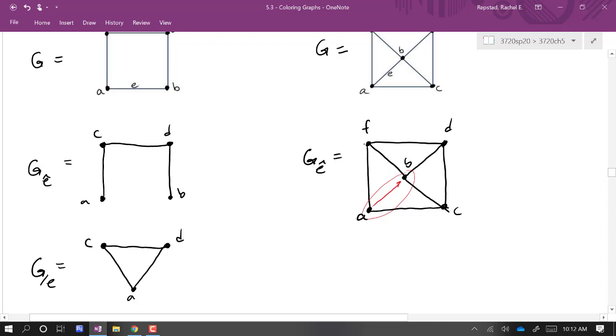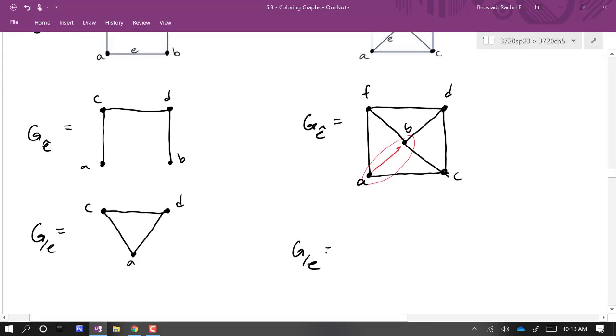I don't need an edge going from F to B and F to A. I'm just going to have a single edge going from F to that one vertex that we have. Same as going from C to that one vertex. And in this case, G mod E looks like this. I'll call this vertex A.